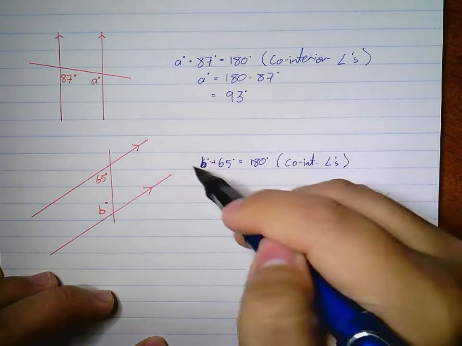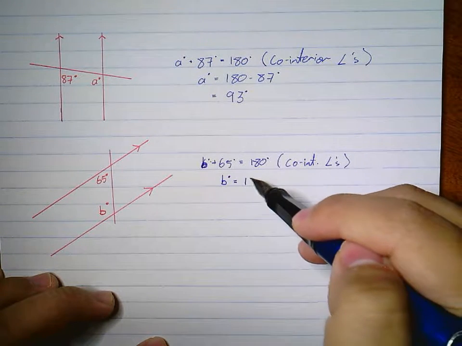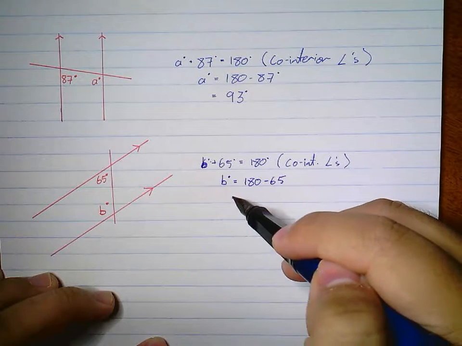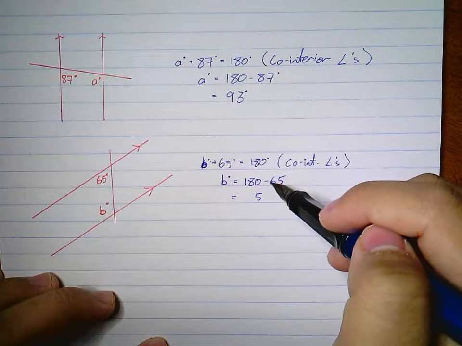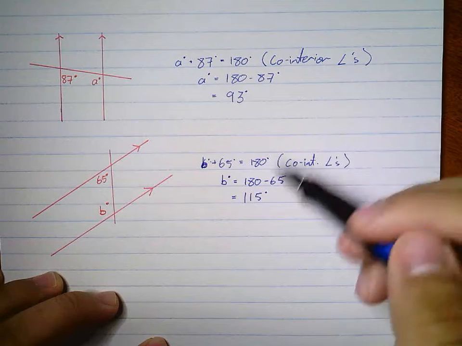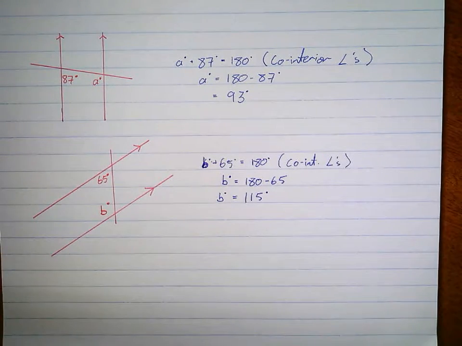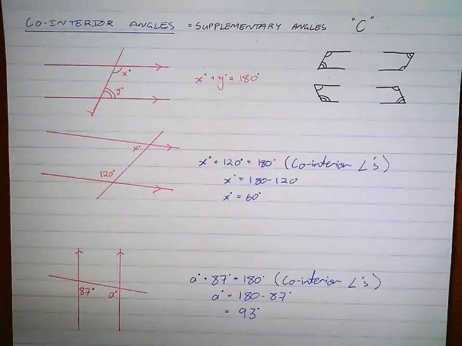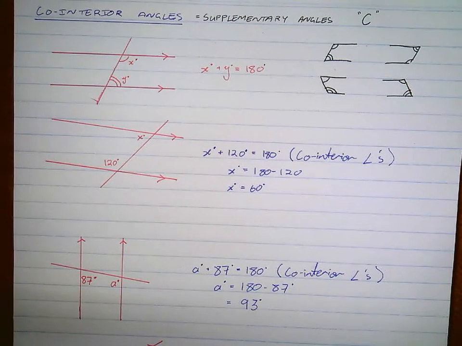And we can solve for that letter B again. B degrees is equal to 180 minus 65. This will give me 5, that gets me to 70, 80, 180 degrees. So B is actually 115 degrees.